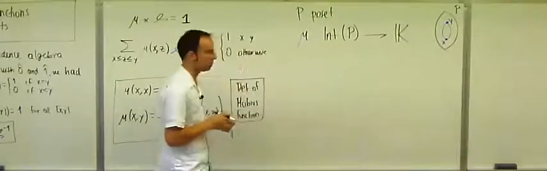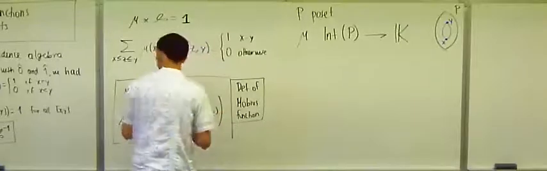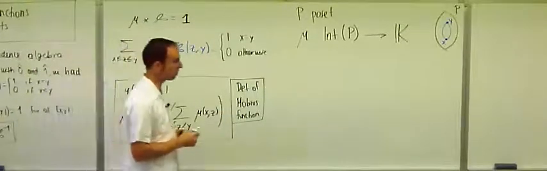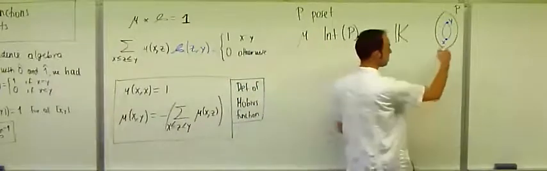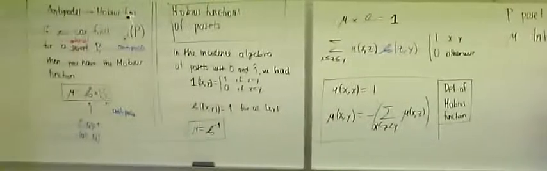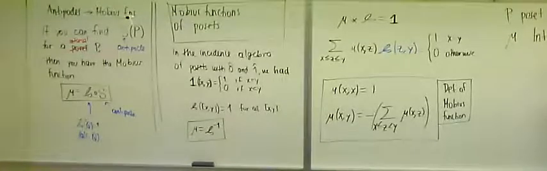Okay, and so let's think about what this recursion says now. It says that if the interval is trivial, then the Mobius number is 1. And if it's not trivial, then what you do is that you look at all the elements in this interval, and you assume that you already computed mu of this, mu of this, mu of this, all of those mu's.